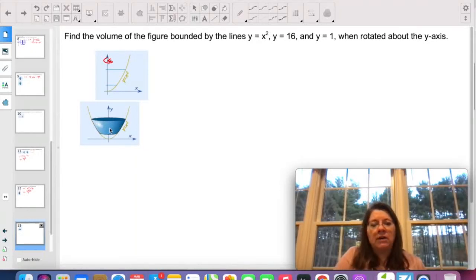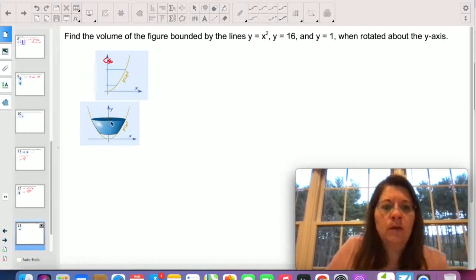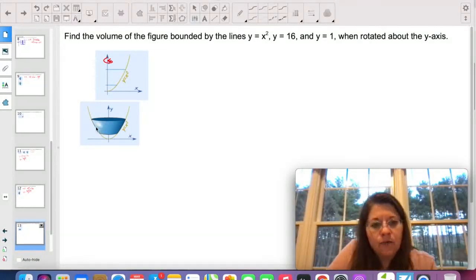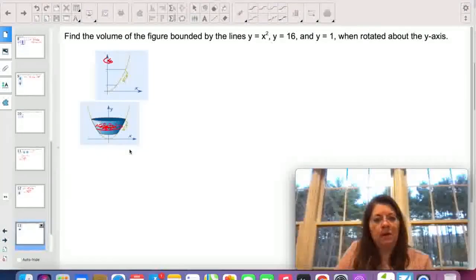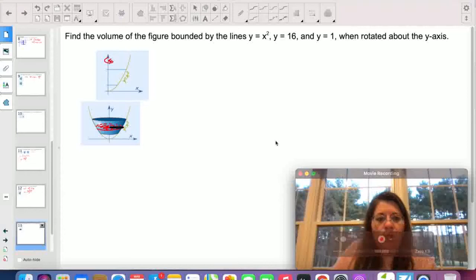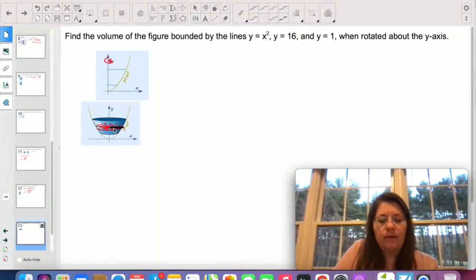And if we're talking about the individual little discs in there, let me try to draw one real quick. I'm talking about that little disc right in here. So if we're talking about the radius of that disc, aren't we talking about that black line right there? So the radius here would be the difference from the function that's to the right minus the function of rotation.